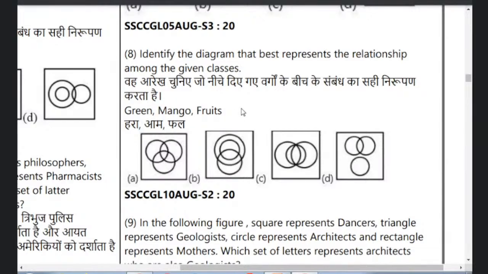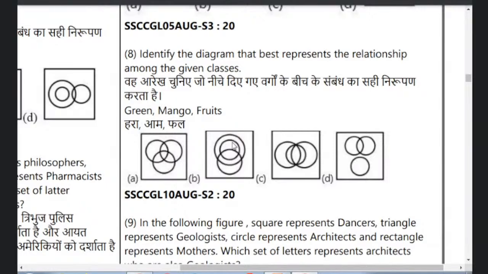No, option B is the correct option, because all mangoes are fruits. Then all mangoes lie in the fruit.